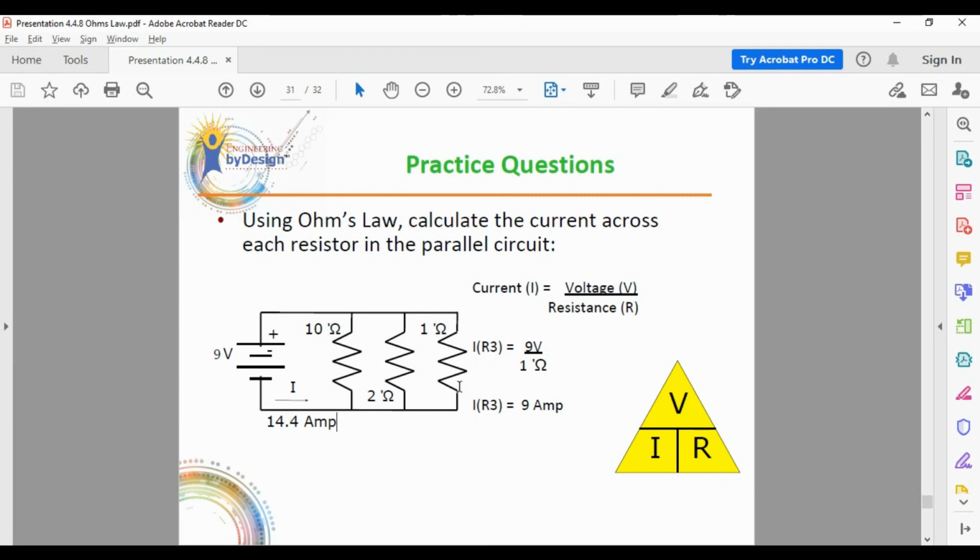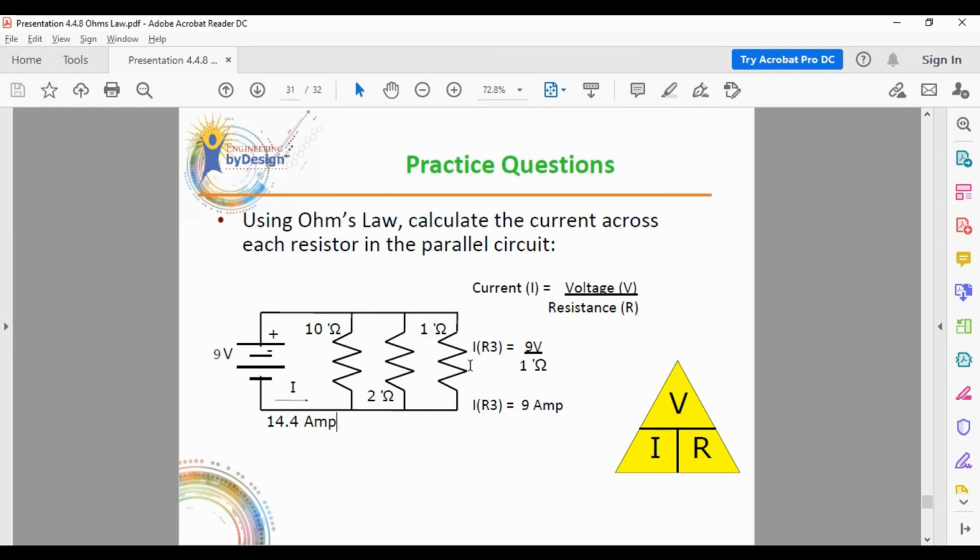And then the right resistor has half as much resistance as the middle one, and so it should make sense that twice as much current goes across this one.